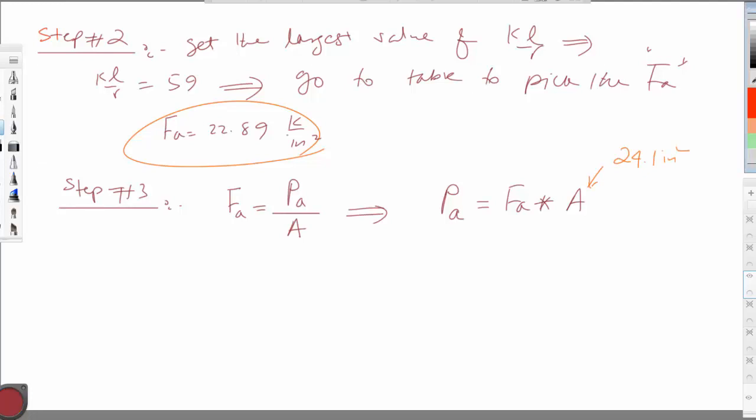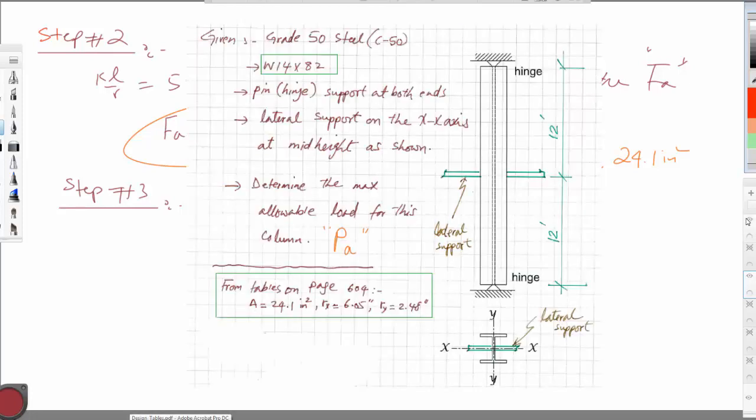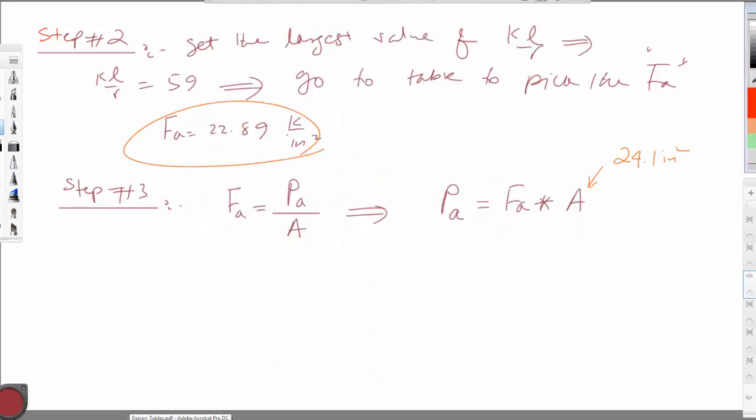So PA is equal to, again watch the units, 22.89 kip per inch square multiplied by 24.1 inch square.